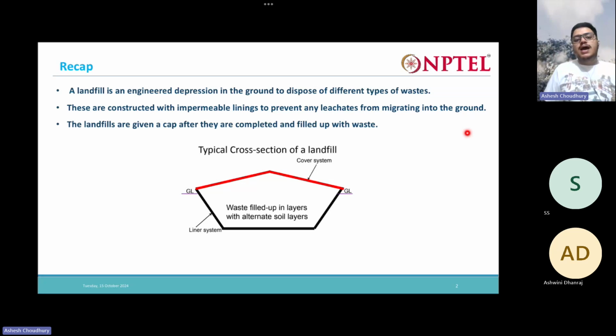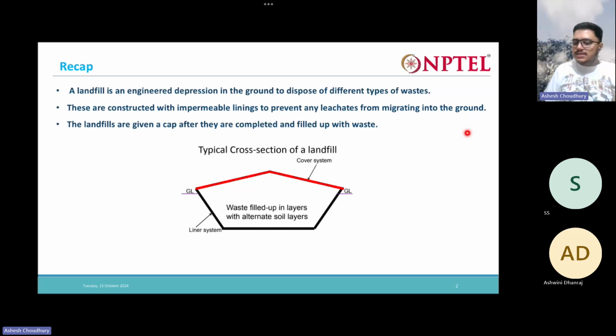And one more thing, much more important, is that the leachate should not contaminate the groundwater. So we have to design the landfill in such a way that it retains the waste within it perfectly. These are engineered landfills.